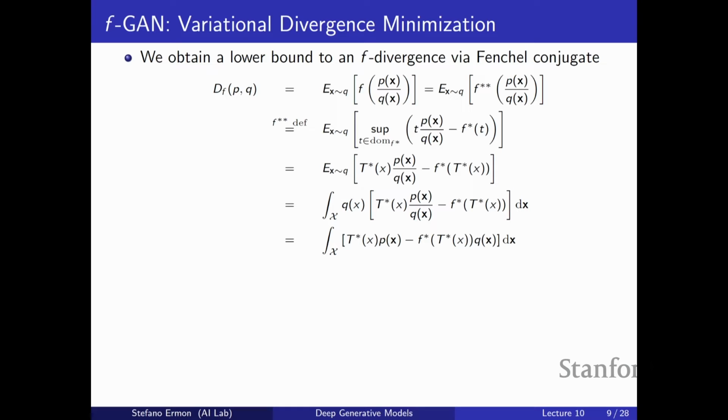I'm just denoting it T star, a way of denoting the value that the supremum over T evaluates to for any particular x. There's going to be a value of T that achieves the supremum, and I'm just going to denote it T star.